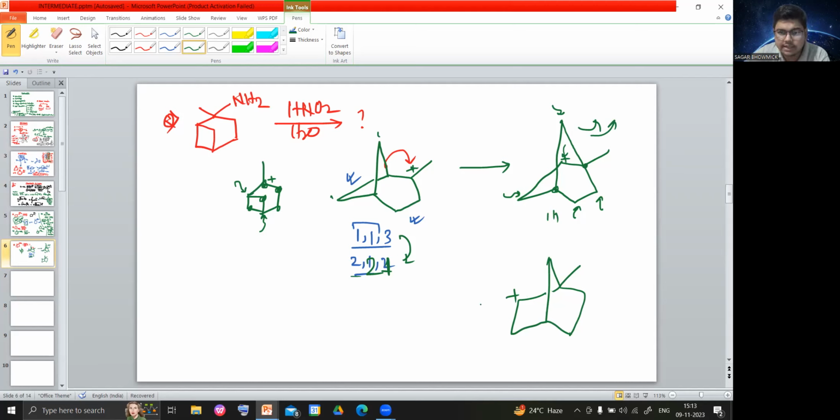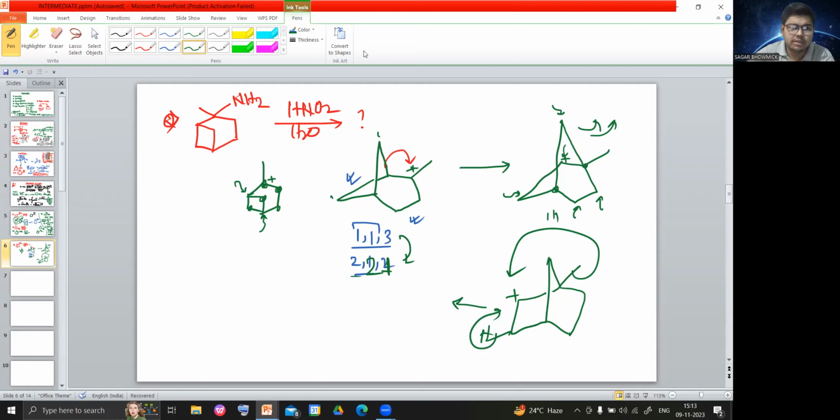Now, is there any possibility of any shift or any ring expansion further? We will say no. It is a 2-degree cation. It can be a 3-degree cation if this methyl group shifts here, but this will lead to a positive charge on the bridgehead carbon. This will not occur. And here, if hydrogens shift, then again it will be a 2-degree cation.